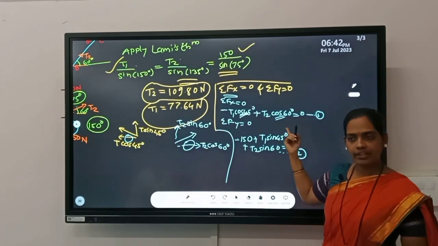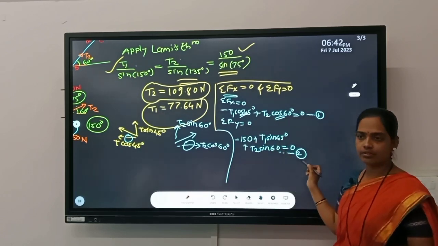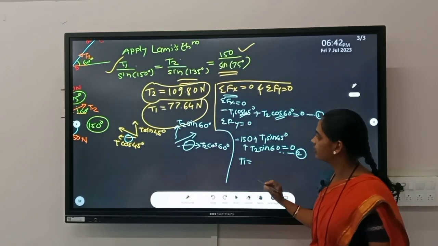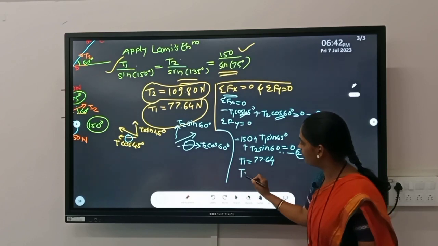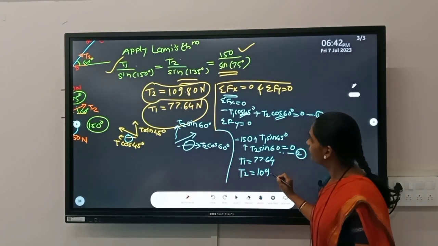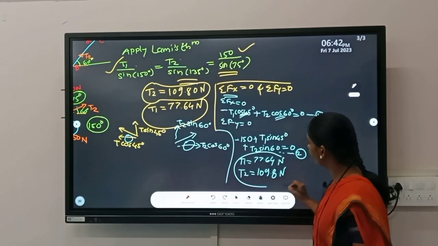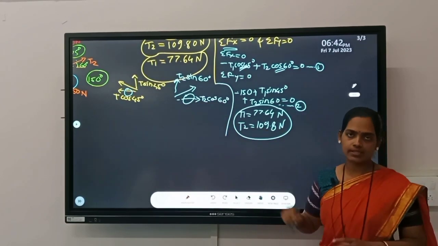Then we'll have one equation, and by putting all the values in equation 2 you have the second equation. Then just solve it and tell me the value of T1. T1 is 77.64 and T2 is equal to 109.8 Newton. Both are in Newton. Since both values match the previous ones, this is your tally for your answer. Thank you.